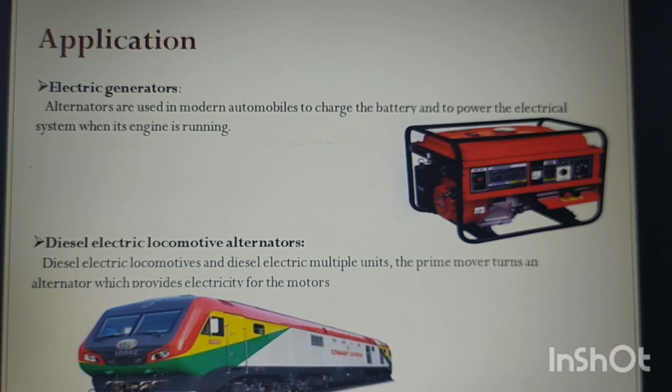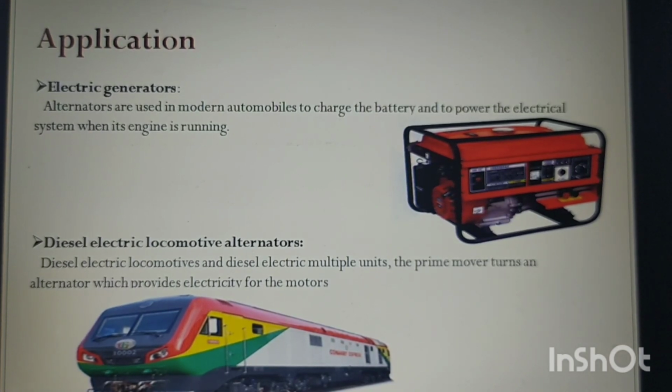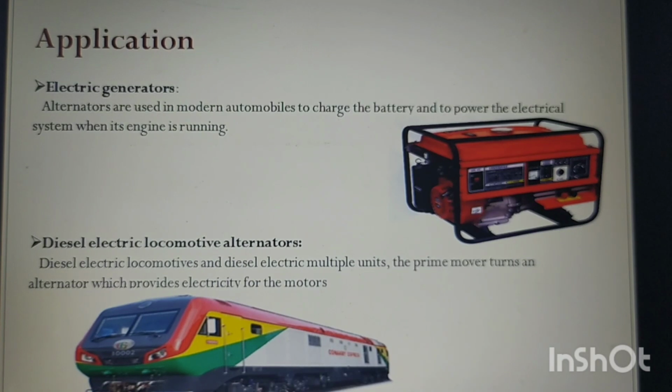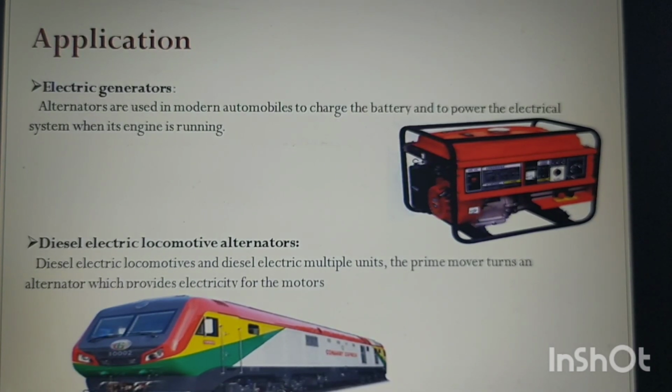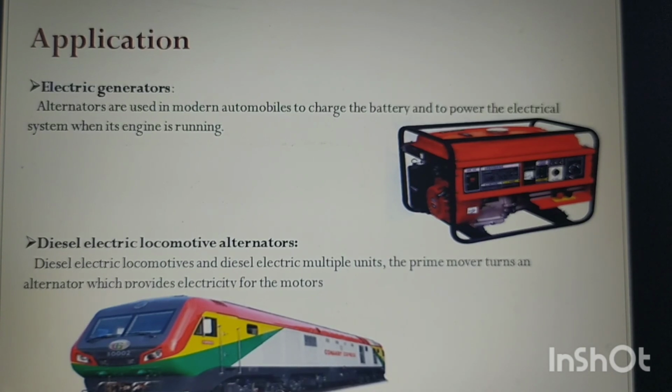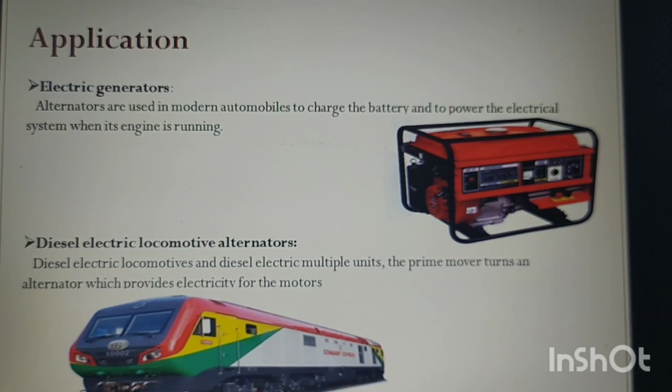AC generators are also known as alternators and dynamos. These alternators are used in modern automobiles, that is our day to day automobile systems. They are used to charge the battery and to supply power to the electrical systems, which we can see in running engines.